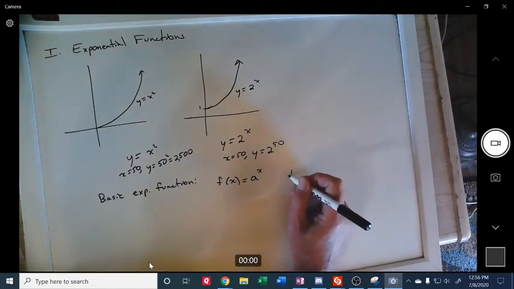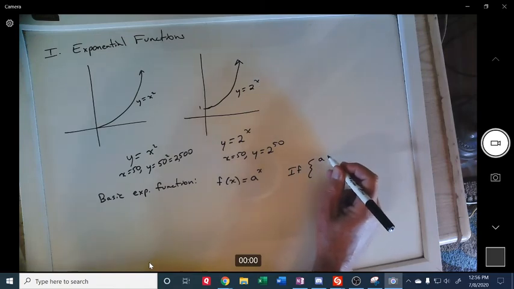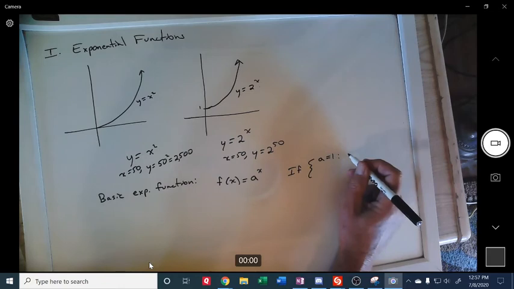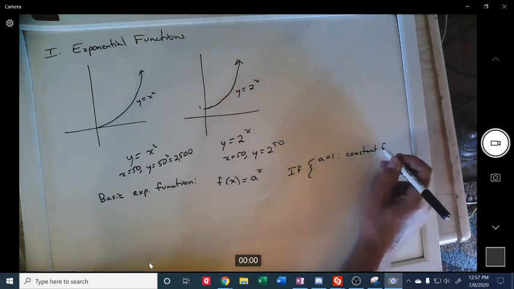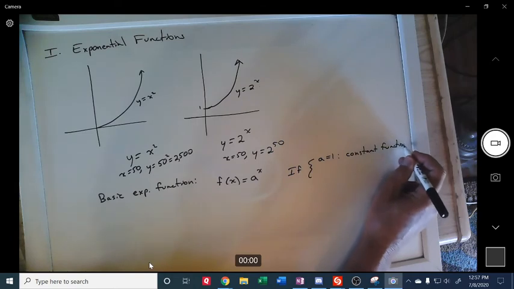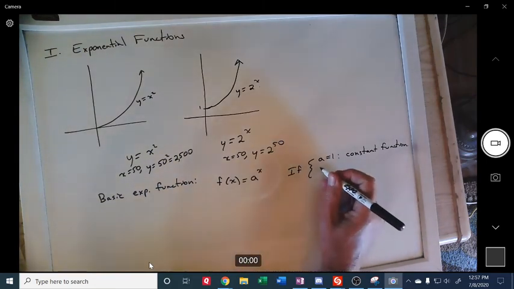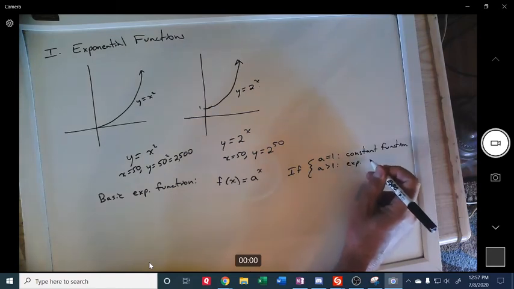If a is equal to 1, then we have a constant function. It doesn't grow, it just stays. 1 to the x stays 1. If a is greater than 1, we have exponential growth.